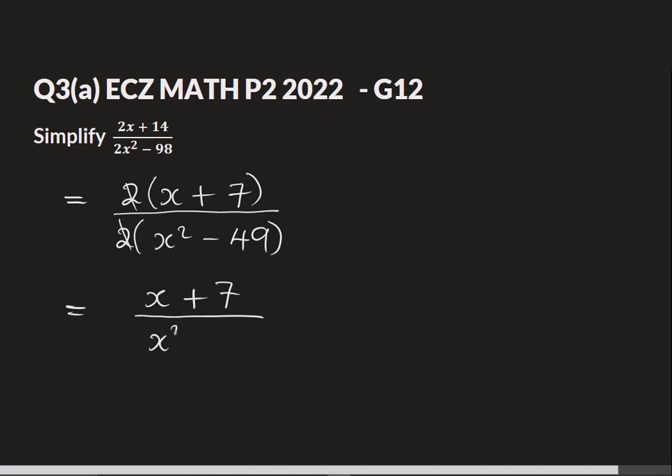But if we check our denominator, we have a difference of 2 squares. Because we have a difference of 2 squares, we can simplify the denominator further by finding the square root of the squares that are involved.